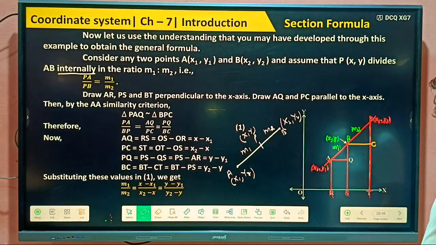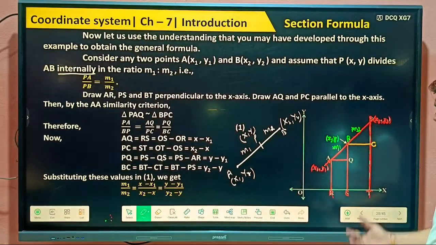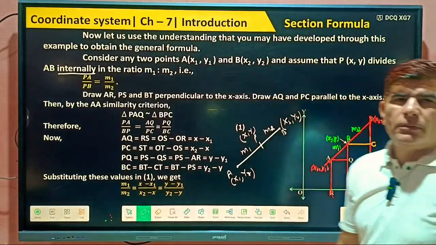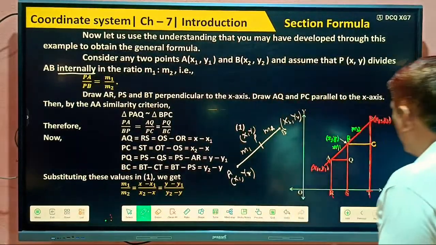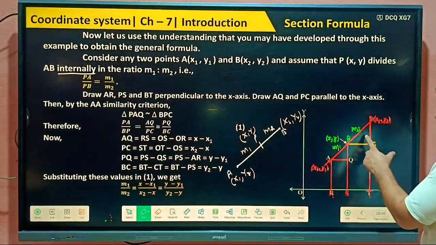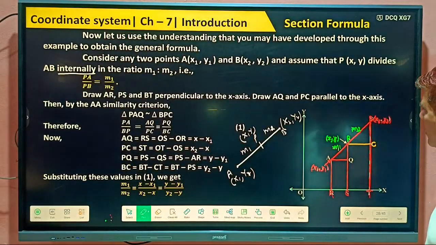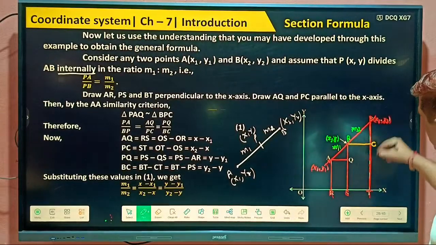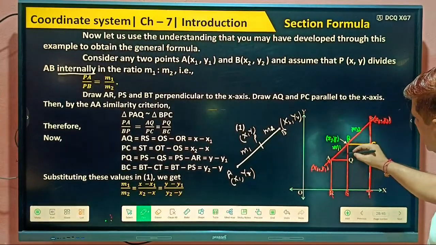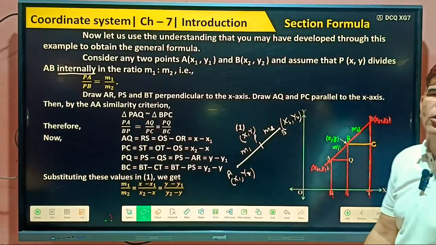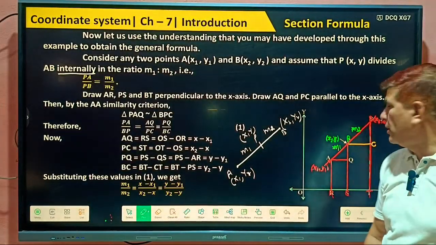First we will find the coordinates of these points. As you know, this triangle is similar to this triangle. This angle is 90 degrees, this angle is 90 degrees, and this angle equals this angle by corresponding angles between two parallel lines.